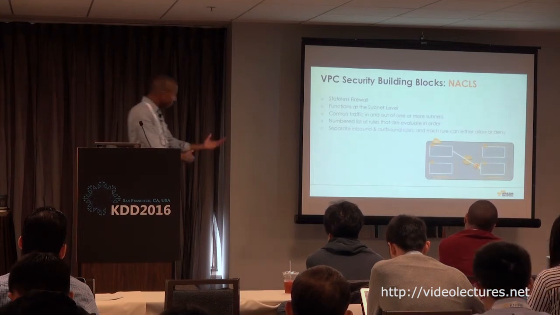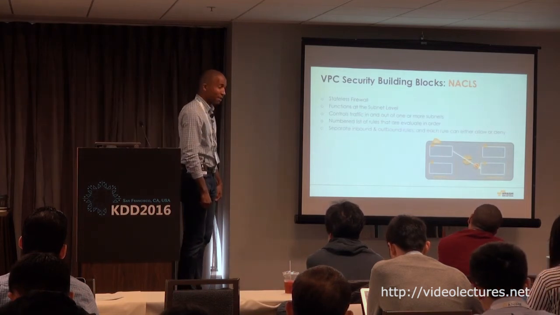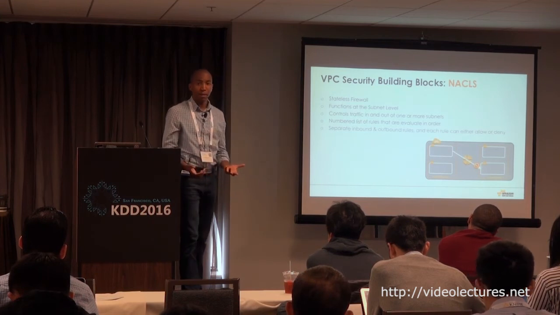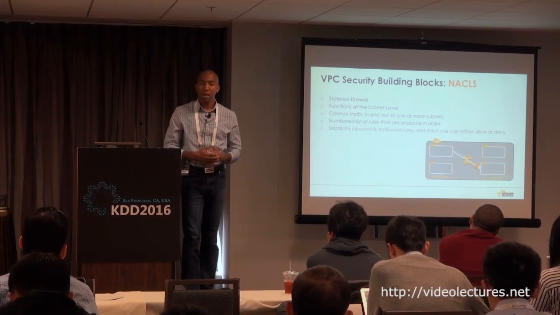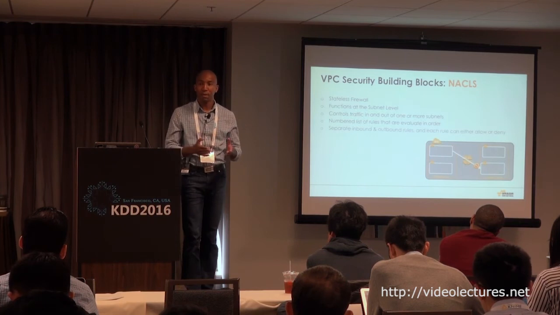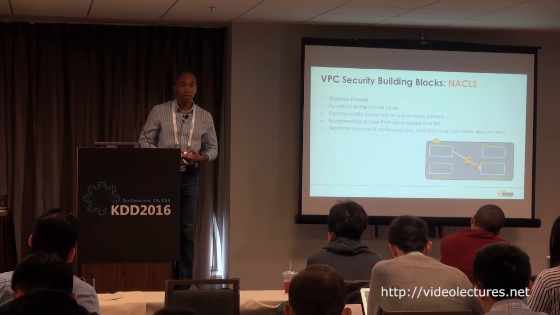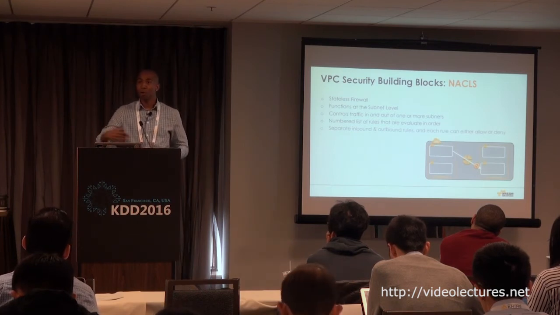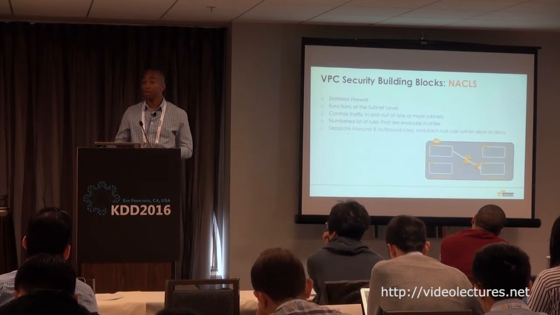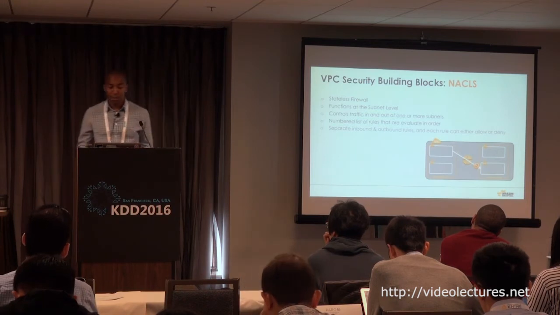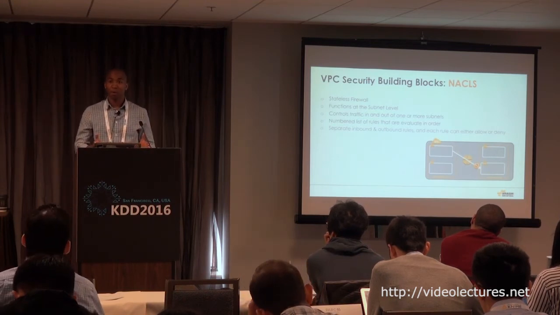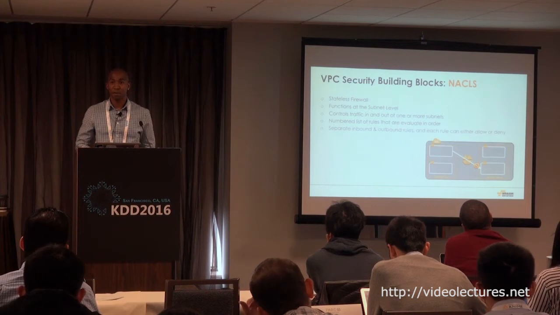Now, the network access control list, as I said earlier, operates at the subnet layer. Every subnet is assigned to a network access control list. By default, we're allowing outgoing and incoming traffic. Everything is allowed. But you have the ability to block communication between subnets within your VPC.